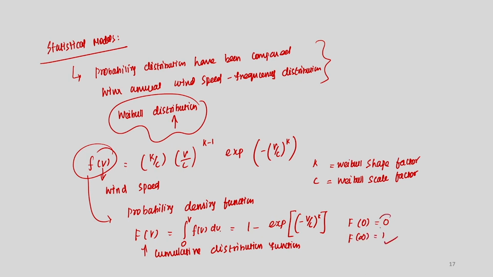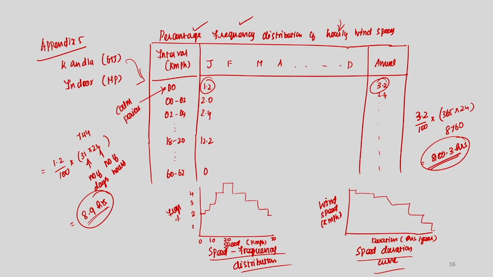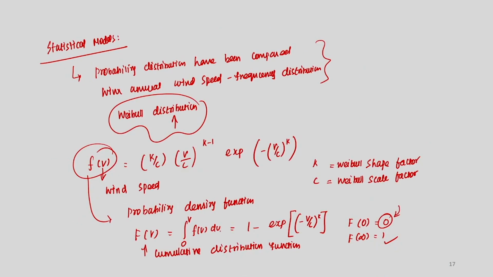This seems to be okay, but when velocity equals 0 the cumulative distribution function is 0, which was not the case when experimental measurements were made. We still see 8.9 hours of calm period. So, this model may deviate from the experimental measurements near the calm period or 0 wind speed period, but otherwise it seems to be a near accurate statistical model, because it was tested against many experimental measurements. So, it seems to be a working model.